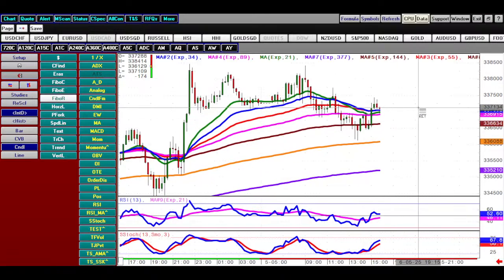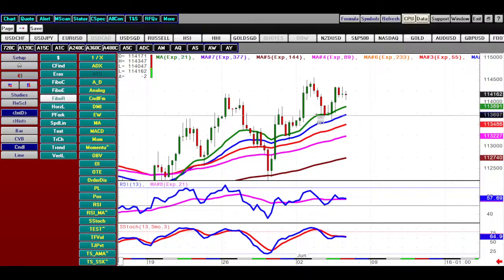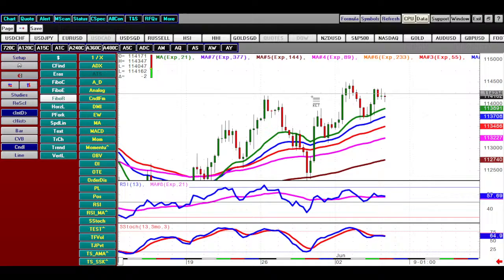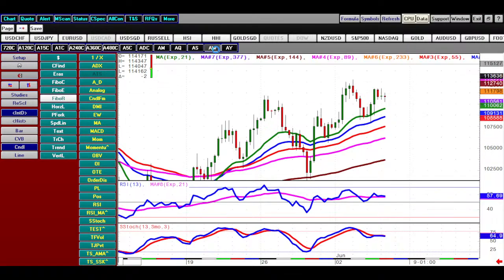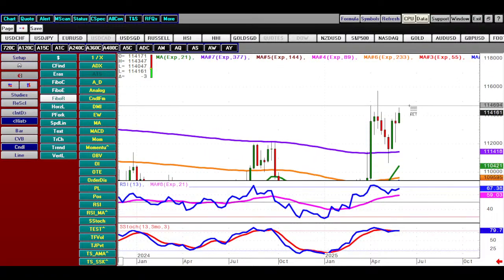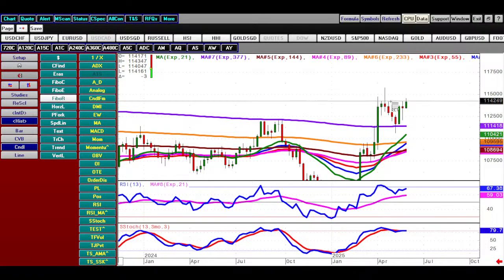So while we are waiting for that, let's go and discuss the euro dollar, because for the euro dollar there is a news. Let's do it by the week. What we feel on the euro, this high 115.70.